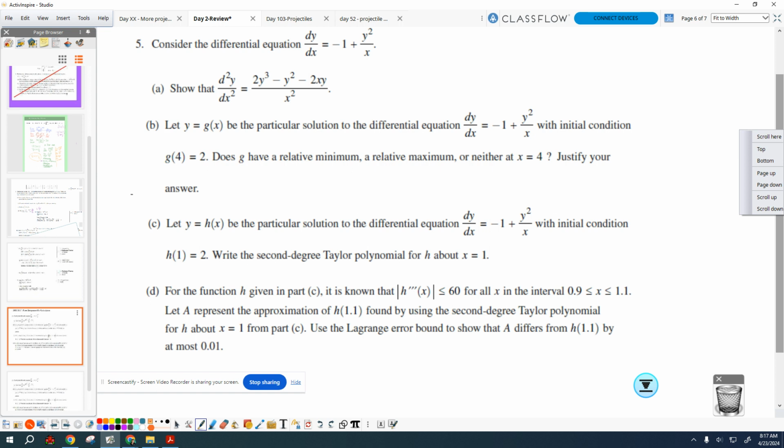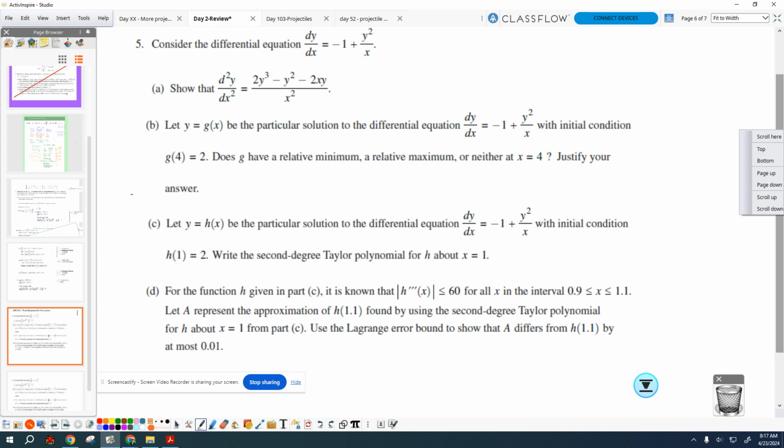What are you doing? Derivative of -1, 0. Oh, that's a -1? Yeah, well, it doesn't matter, it's 0. Okay, well, what's the derivative of y squared over x? And 2xy squared. Oh, yeah, 2xy dy minus y squared.